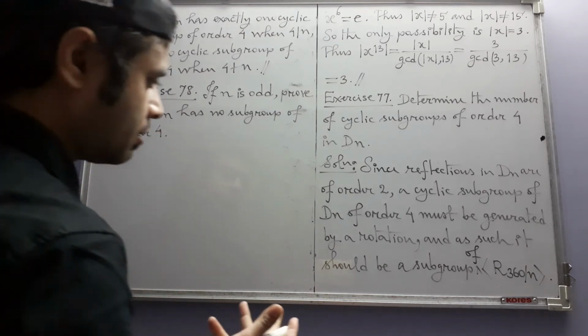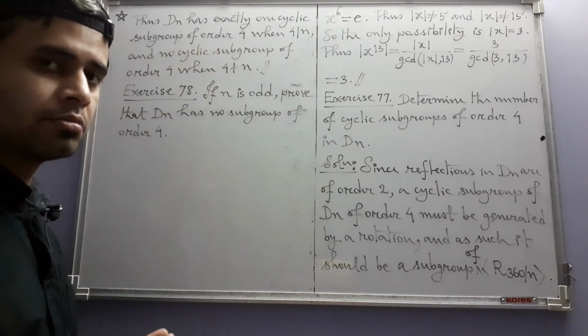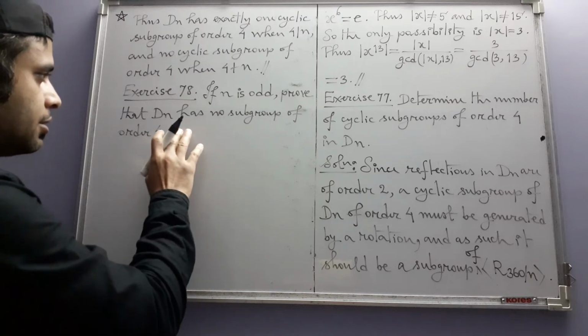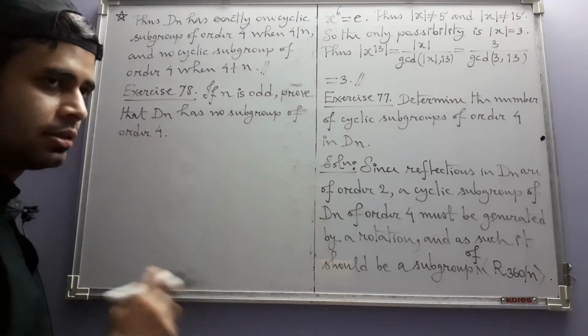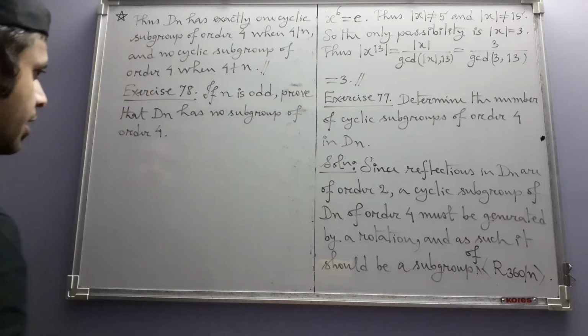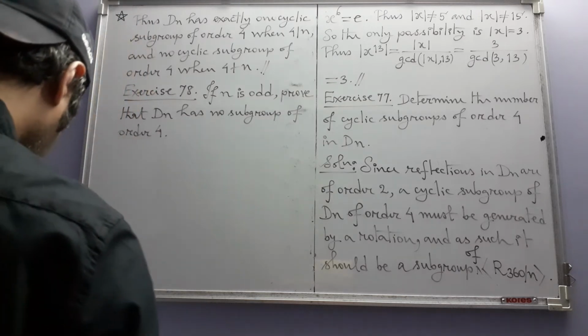If one has Lagrange's theorem, which we have not got yet, at one's disposal, then the solution to this exercise can be written in only one line. But we don't have that, still we will solve it somehow.